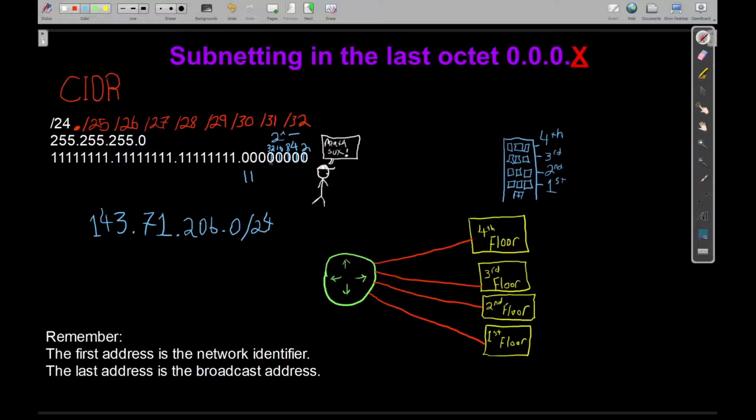Now 32 is in the range of the number of IP addresses that we need for each of these networks. So we know we need that many host bits, and the host bits we'll leave as zeros.